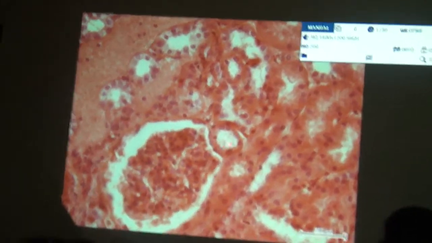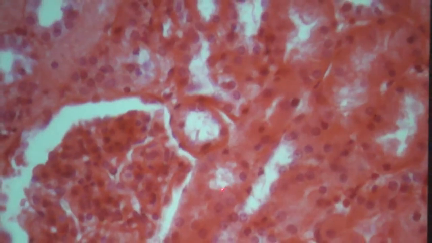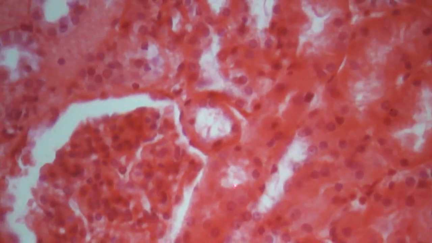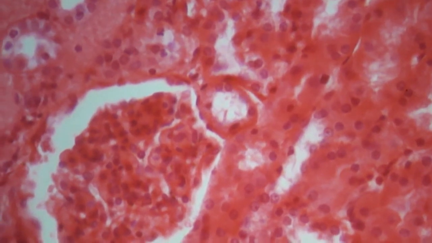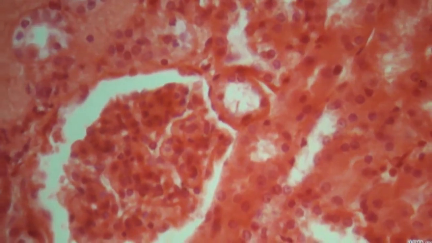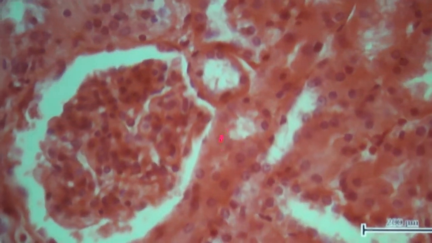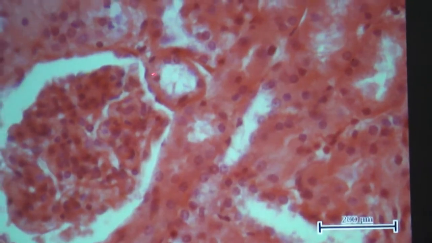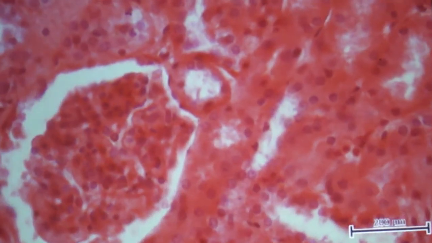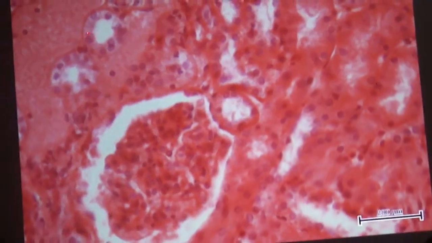Pink is the color of the cytoplasm in both distal and proximal because of the presence of what organelles? Which will provide the ATP, mitochondria. So based on the size of the epithelial cells, that is proximal. That one is distal. That is the color of the cytoplasm of the collecting tubules.